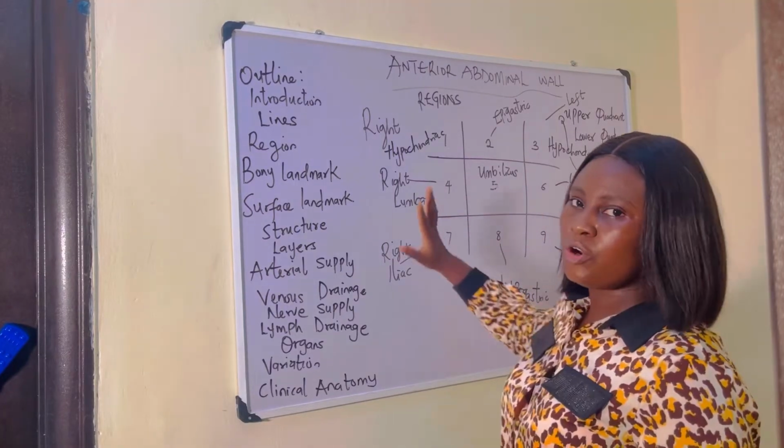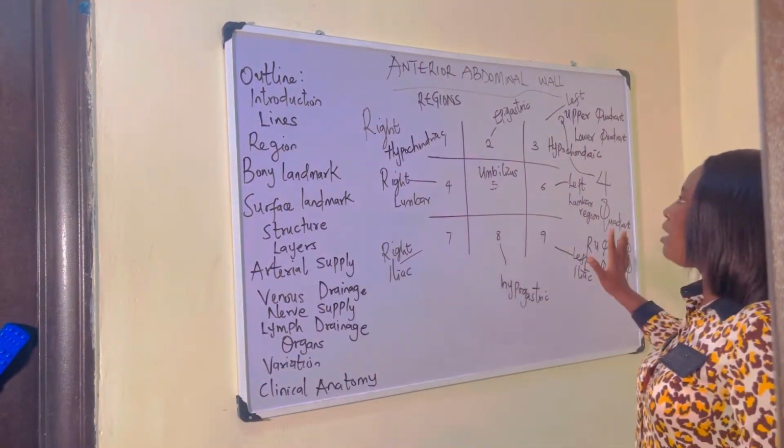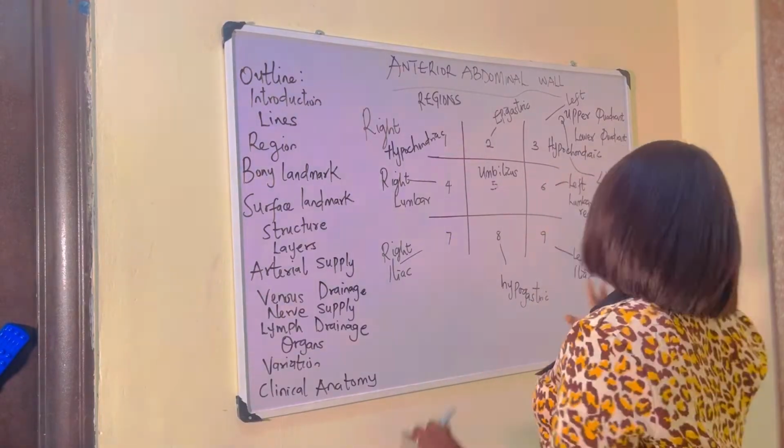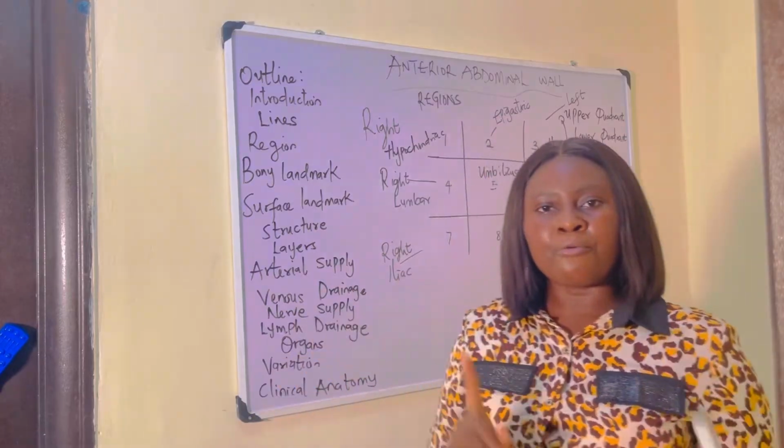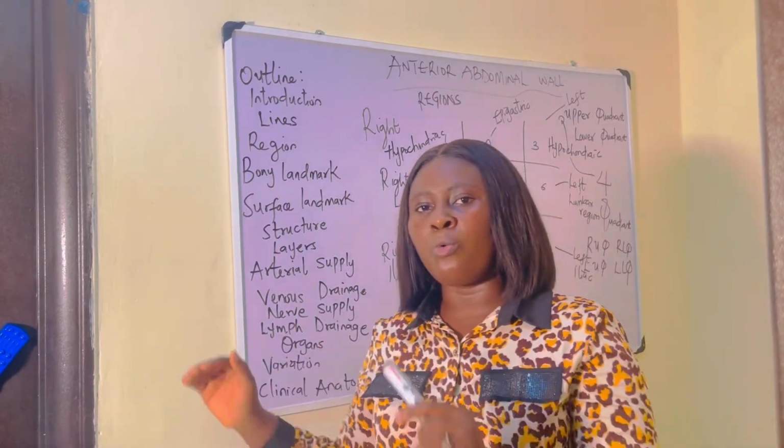So let's go over it again. The anterior abdominal wall has 9 regions that are separated by 4 quadrants: the upper quadrant, right upper quadrant, left upper quadrant, right lower quadrant, and left lower quadrant.